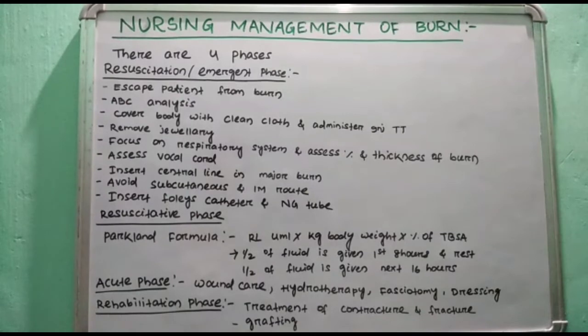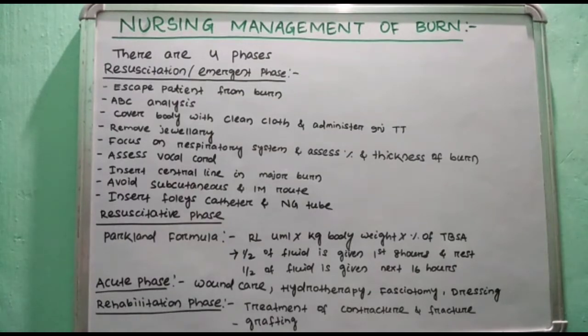The second phase is the resuscitative phase, otherwise known as the fluid resuscitative phase. In this phase, we give IV fluid to the patient through an IV cannula or central line, by using a fluid calculation formula.